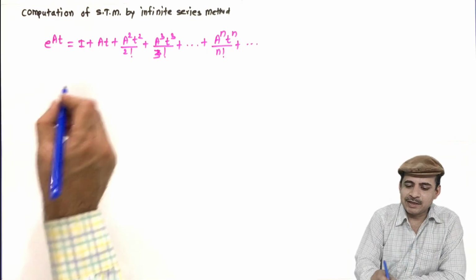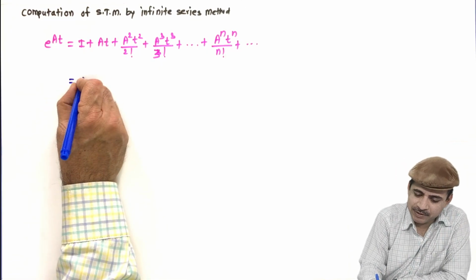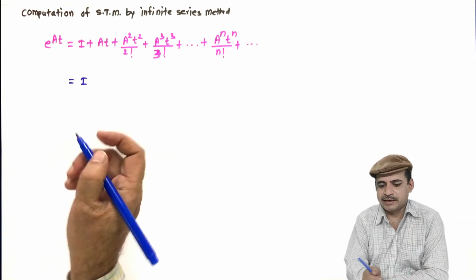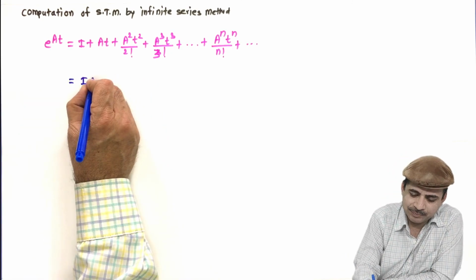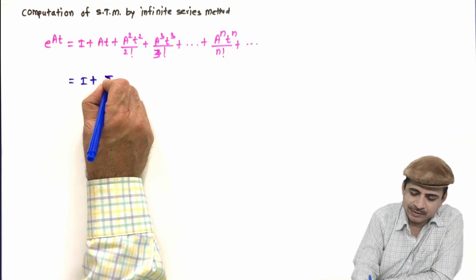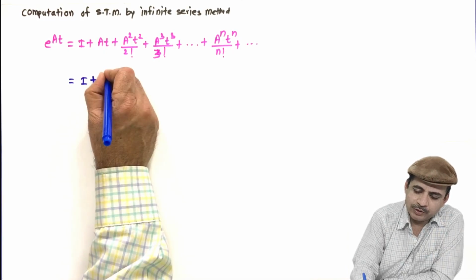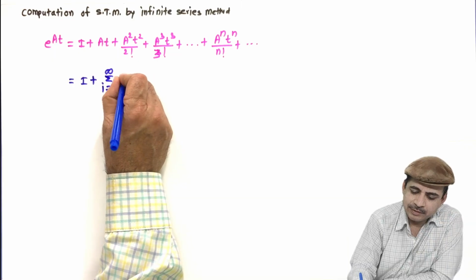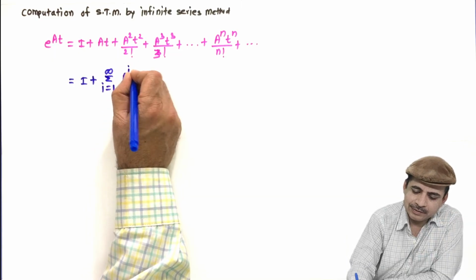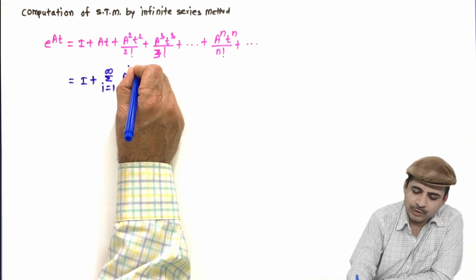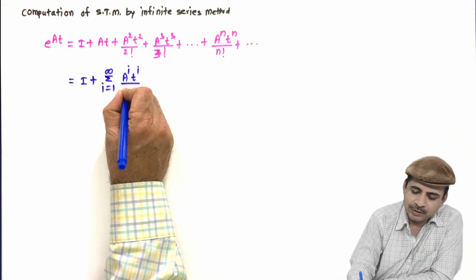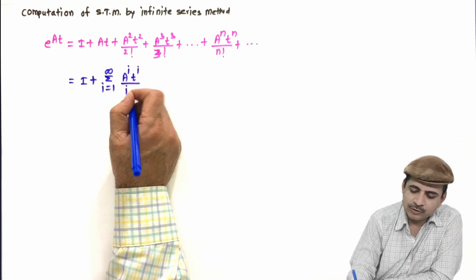And then the same can be expressed as, I will purposely keep this I outside, otherwise I can take it inside as well, and then the summation, i equal to 1 to infinity, A raised to i t raised to i upon i factorial.